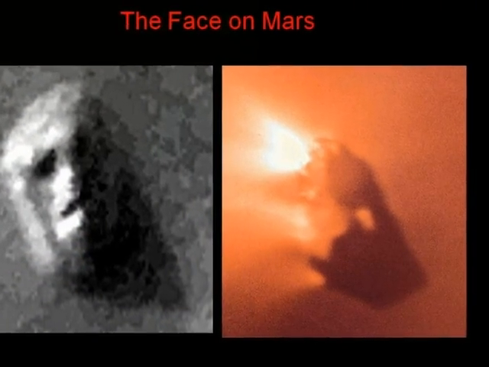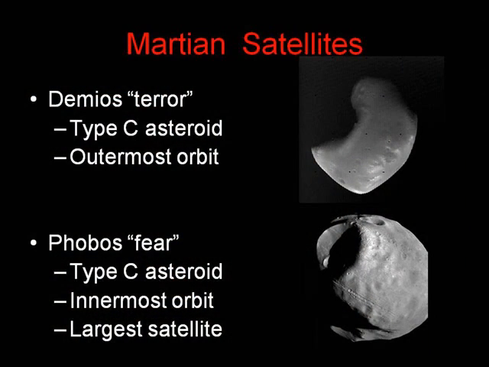However, other tabloid evidence, such as the face on Mars, does not establish that there was civilization on Mars. This is simply a geographic feature of Mars, as you can see on the picture on the right, that does not always appear.